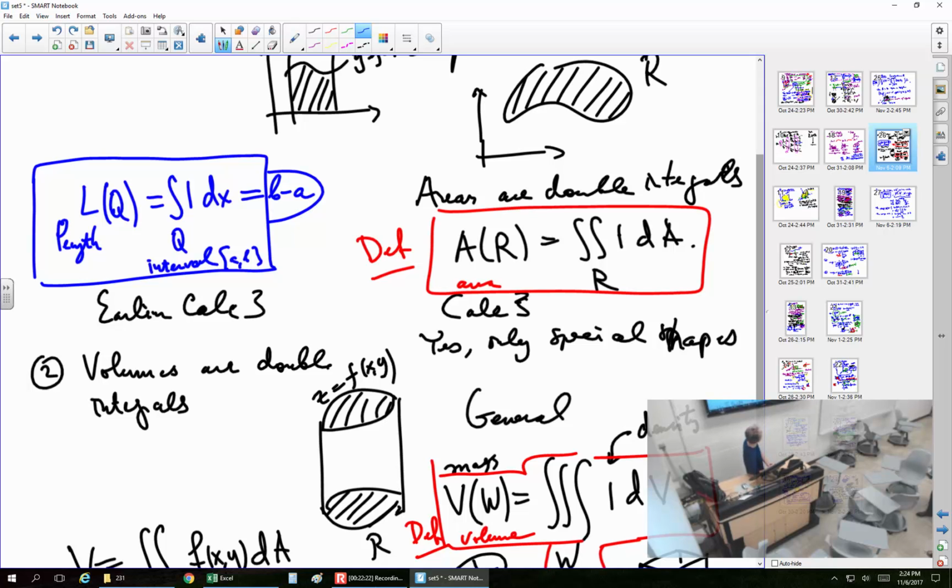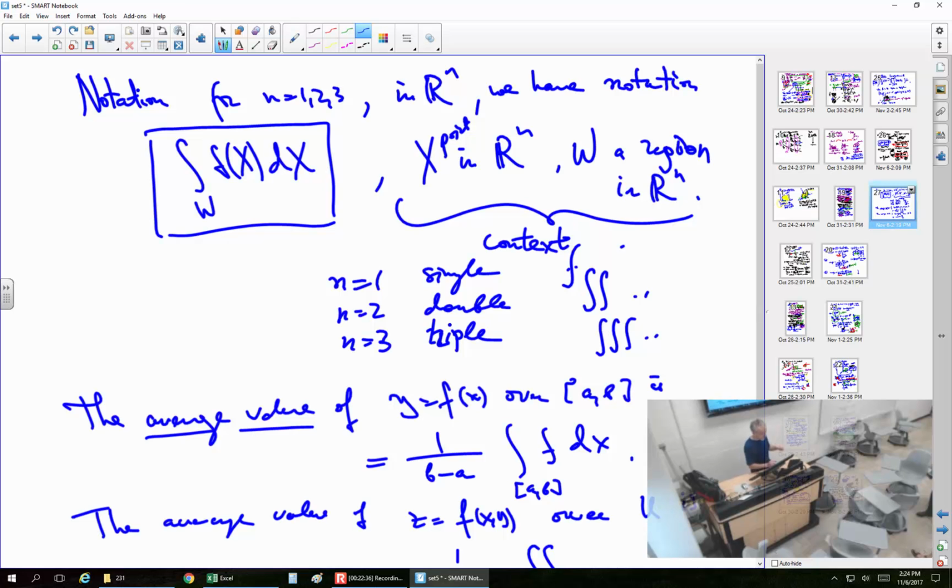The weight is distributed, and the distribution of weight is given by the density, just a different word for it. And then when we integrate, we collect it all together, and we have one number, whether it is a length, area, or volume, or in n-dimensional cases. This is the total value of f in W. That's the meaning of it.